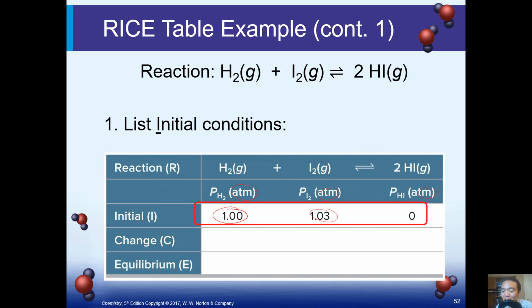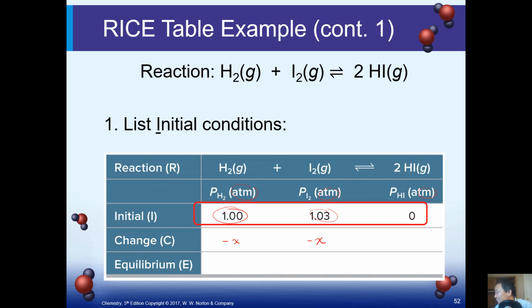Now if you want to find out the final partial pressures or concentrations, what are you going to do? You're going to assume the change, because you don't have the final concentrations, right? So you have to assume the change to be a certain number. We do know the reaction will be shifting to the right side because you have no products, right? So that's why you have a negative x over here, negative x over here.